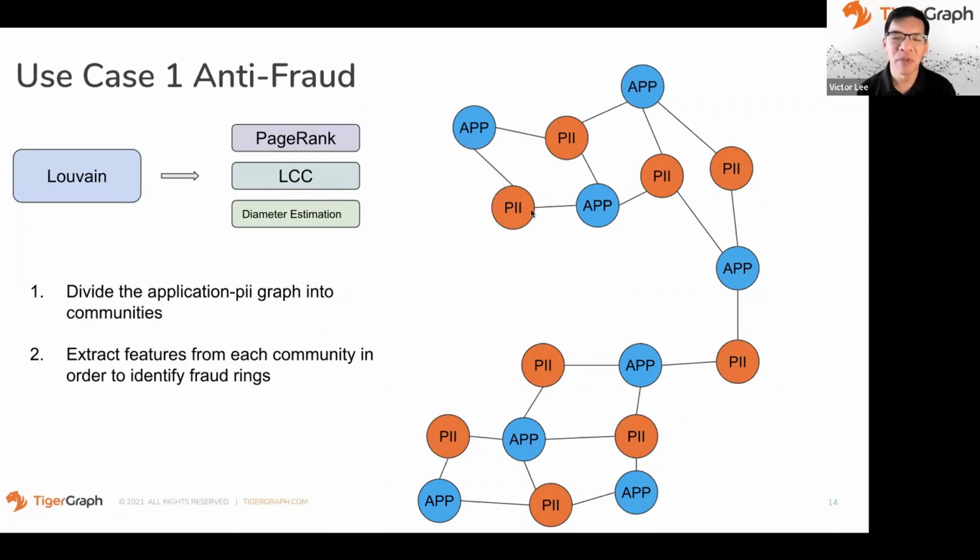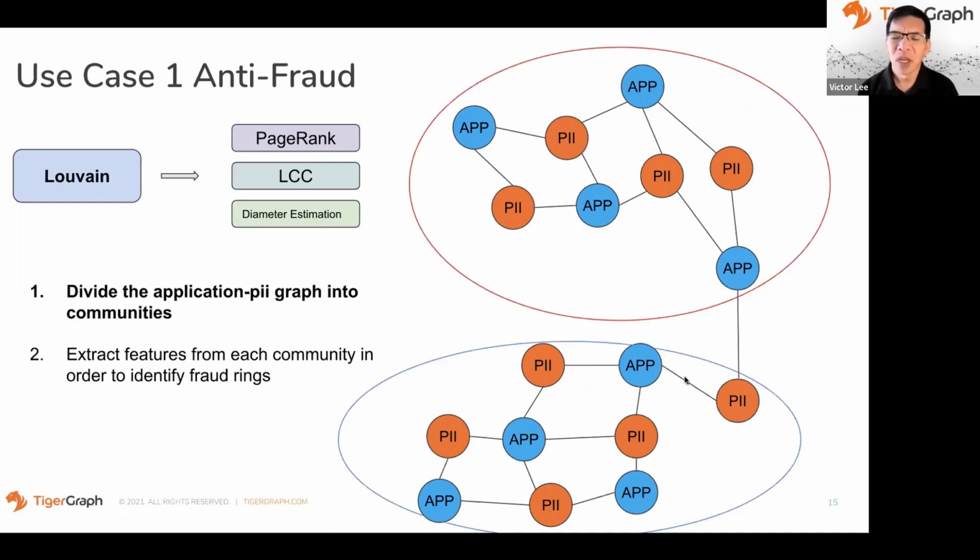So this is your private information, which you don't want unauthorized persons to see. And by forming this graph, we can see that there's a cluster here and there's a cluster here. And then we apply a community detection algorithm like Louvain. And then we move on to the next step when we apply other graph algorithms to each of these communities to score them, so to speak.